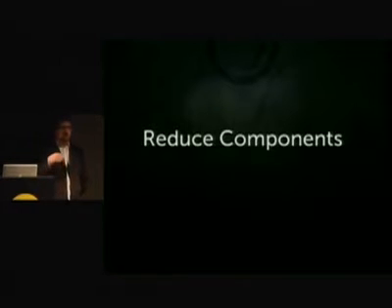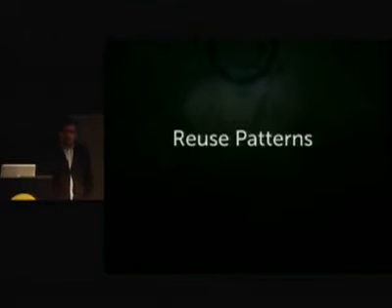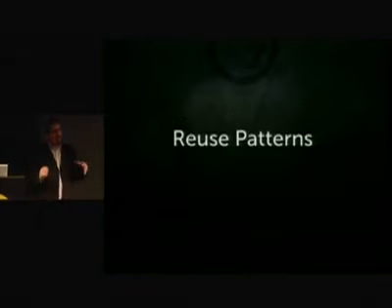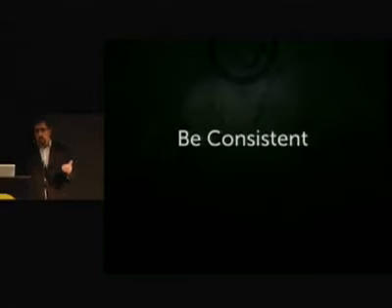That we can stick to the majority of what users want as opposed to what all users want. It helps dilute the product if we start throwing in too many things that we don't need. We can reuse patterns. So things that we have in certain elements of the page, that we can use over and over again. And the important part is to be consistent.